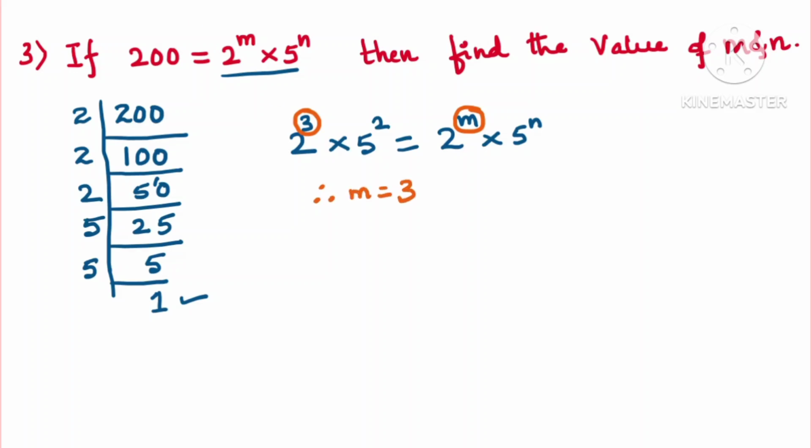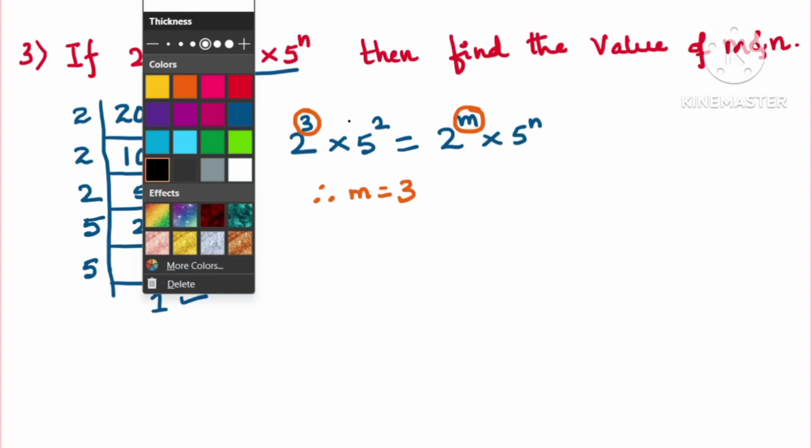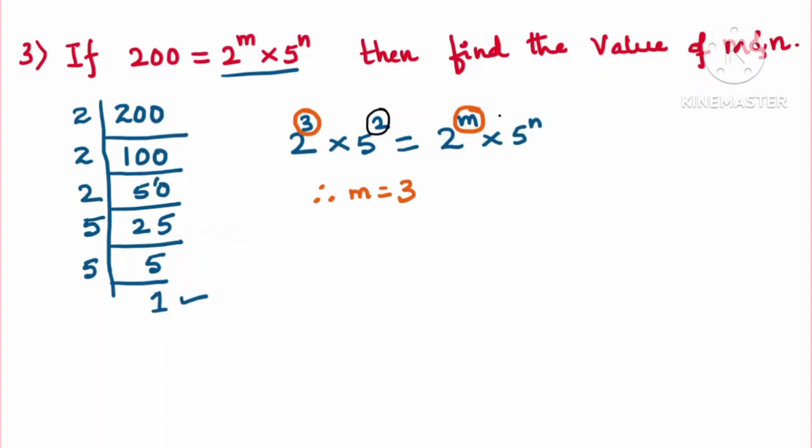And here is 5 raised to 2, so the value of n is going to be 2. So you can find the values of m and n in the same way.